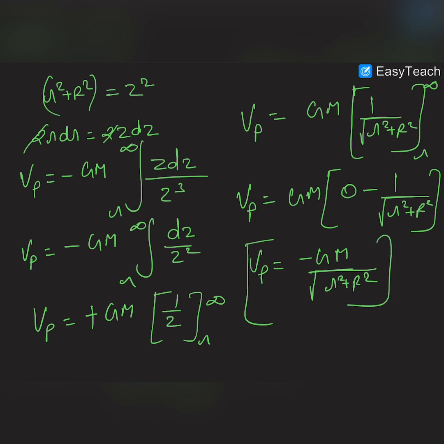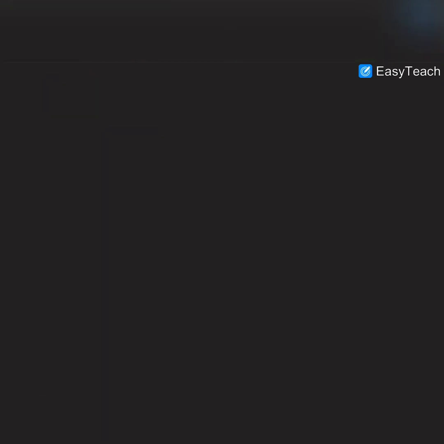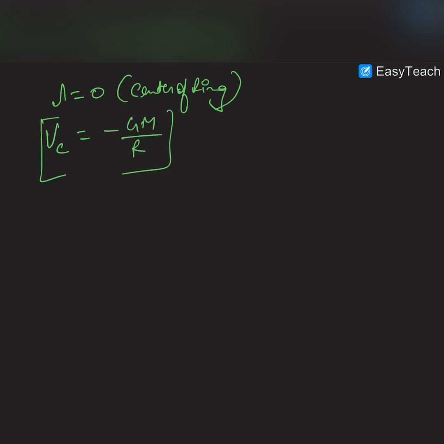This is the gravitational potential, and we can see that at the center of the ring it is maximum, and therefore V at the center of the ring is minus GM by R. And at infinity V is 0.